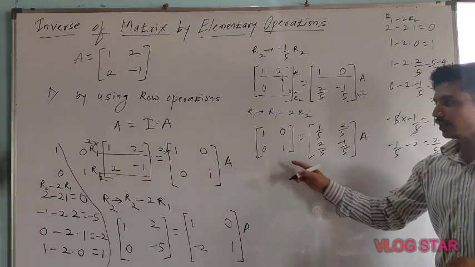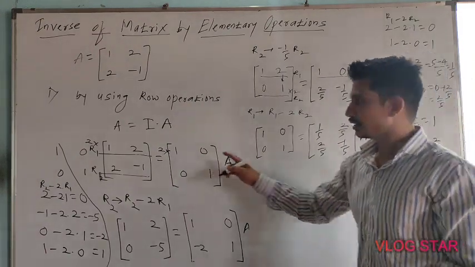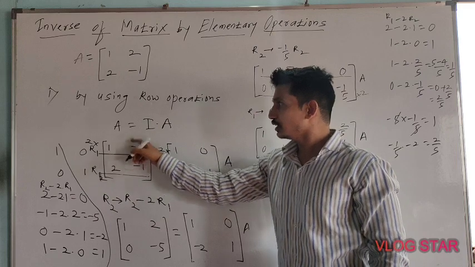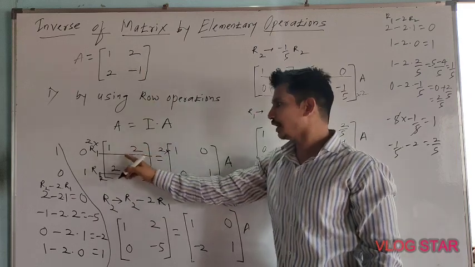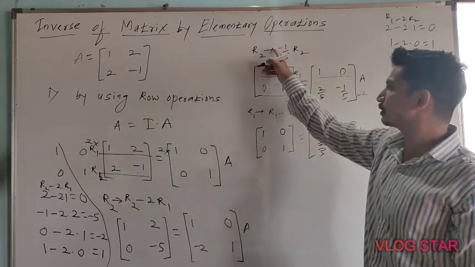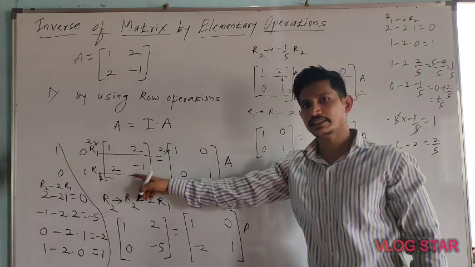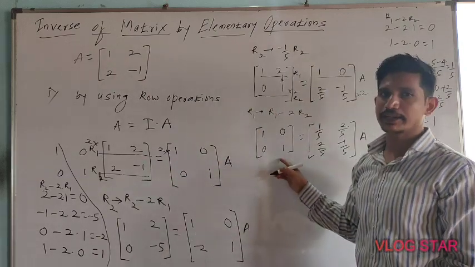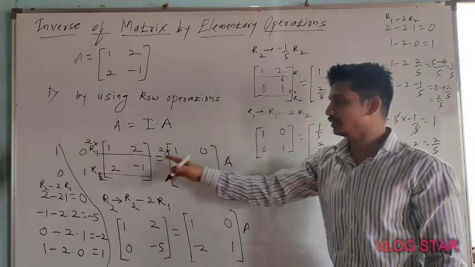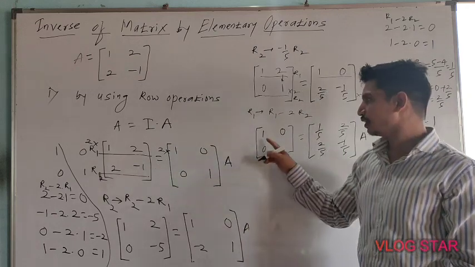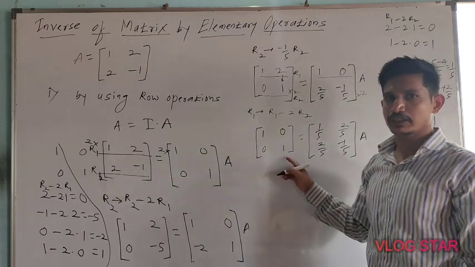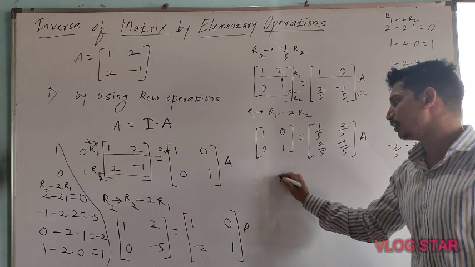Now, did I get the identity or not? See, by using this matrix and these operations, I converted this matrix into the identity matrix. Correct? So this matrix is converted into 1 0 0 1.